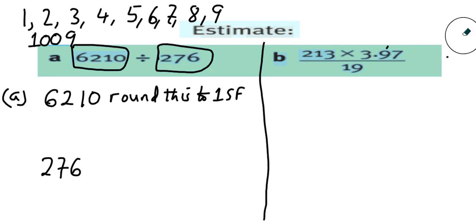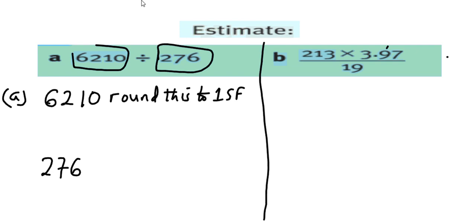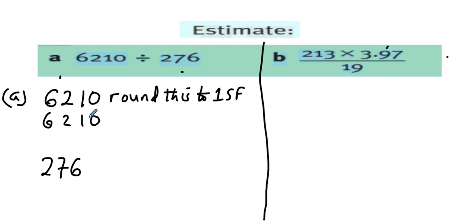Okay, so what do we do? If we are told to estimate, you take each number in this calculation and round that to one significant figure. So do you know how to do? One significant figure, 6210. One significant figure, you keep a boundary over here.